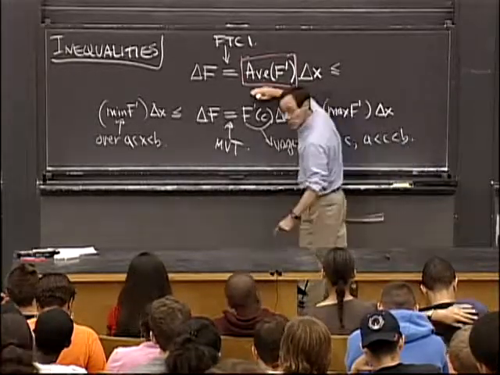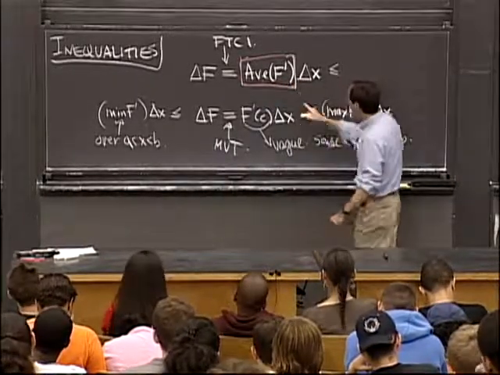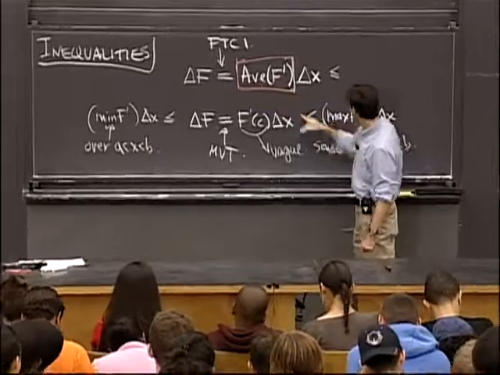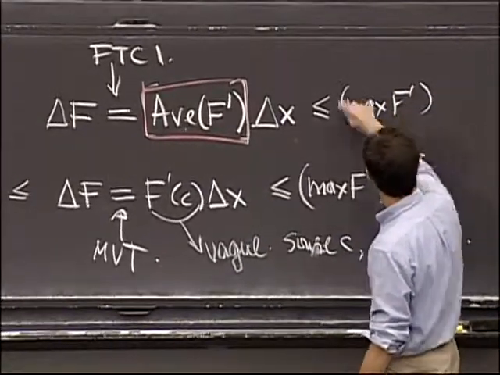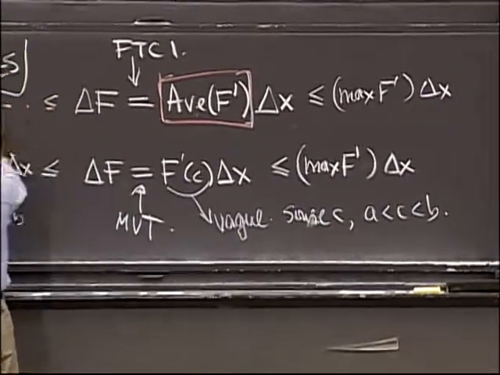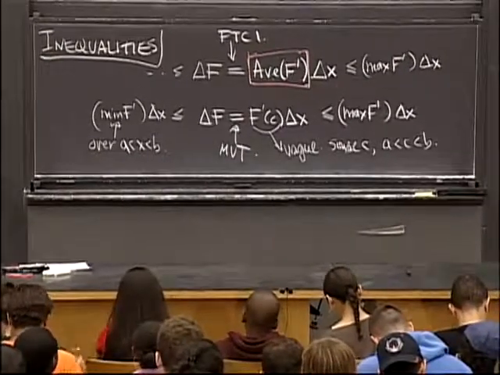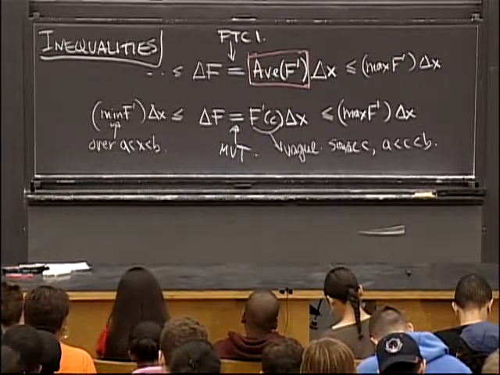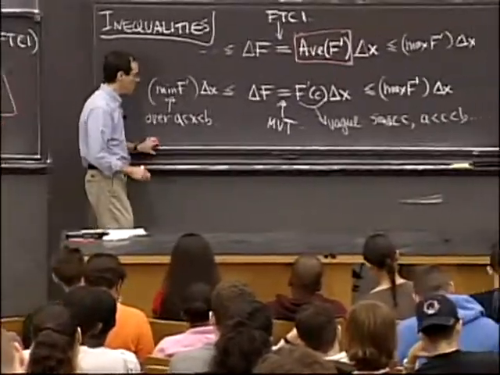And what we have is something much more sophisticated which we can use, which is this. So it's obvious that the average is less than the maximum. So it's obvious that it works just as well to draw this conclusion. And similarly over here with the minimum. Okay, the average is always bigger than the minimum and smaller than the maximum. All right, so this is the connection, if you like.